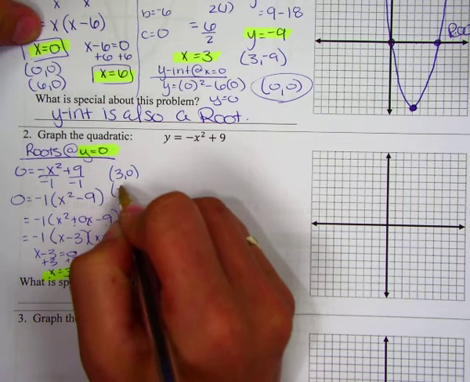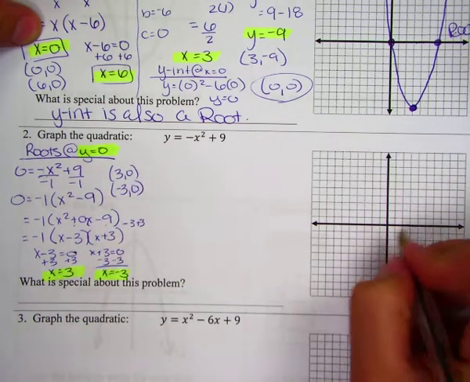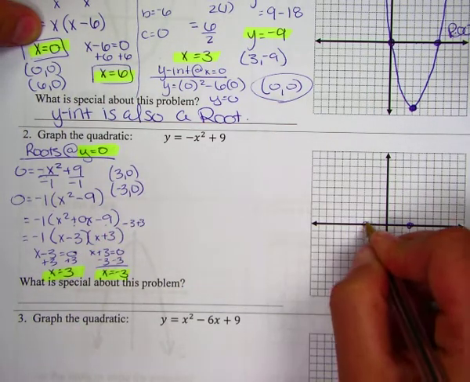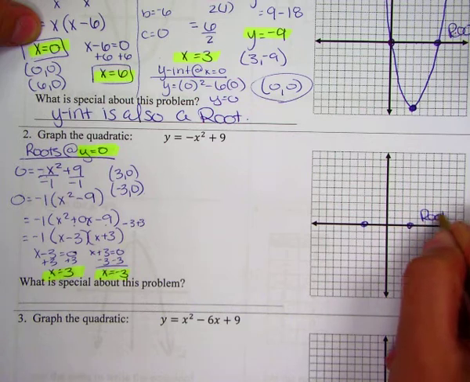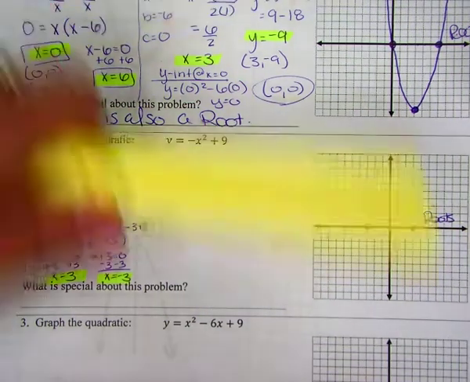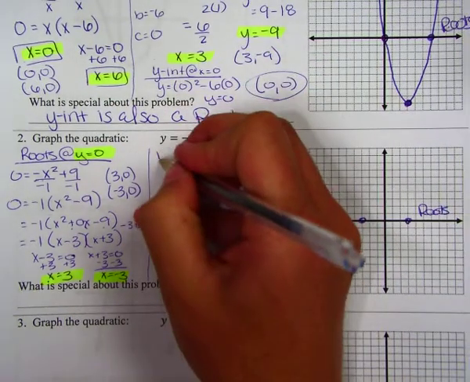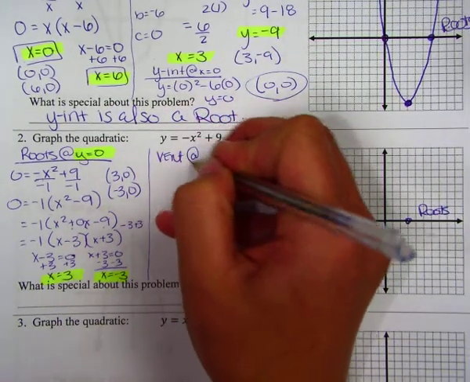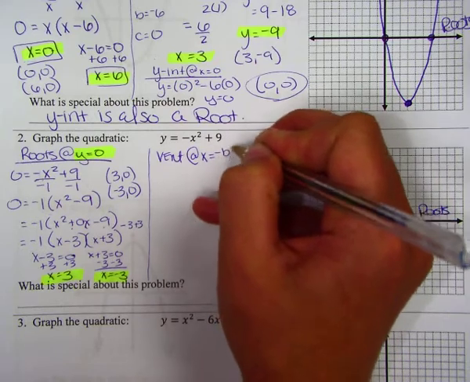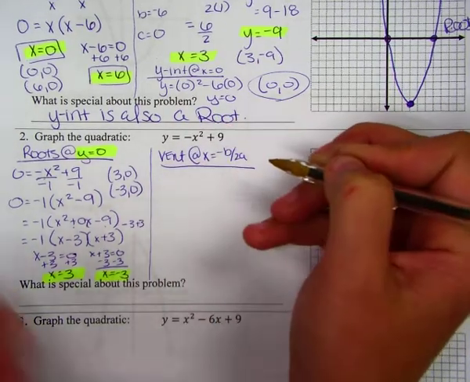I go ahead and graph that. Let's go ahead and solve for the vertex. The vertex is always going to be at x equals negative b over 2a. It's going to be at the axis of symmetry.